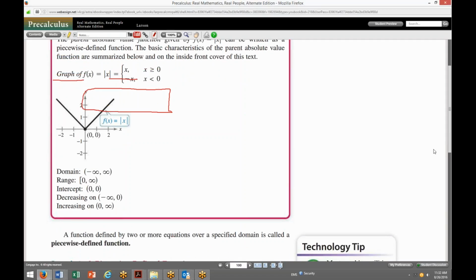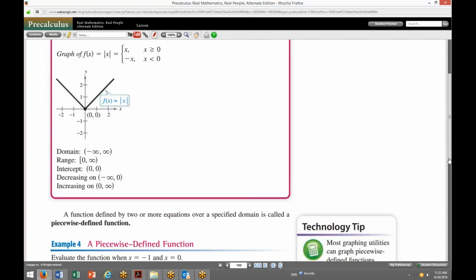And the domain of the absolute value function is from negative infinity to positive infinity. It takes on every single possible x value with no exclusions. But the range is limited. The range never goes negative. All the y values are positive or 0. So 0 is the minimum y value, and that is okay. The absolute value of 0 is 0.